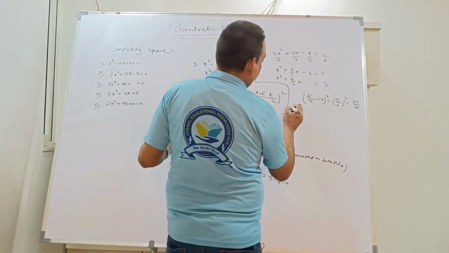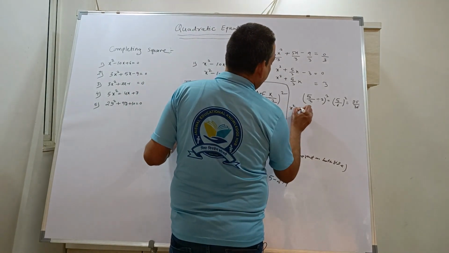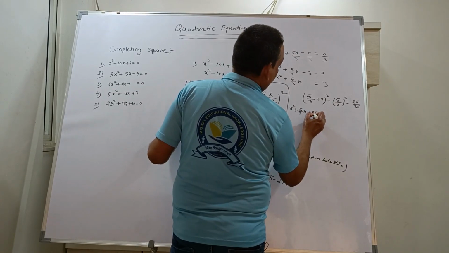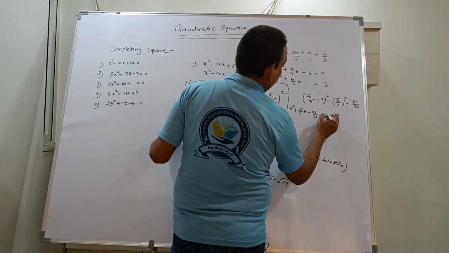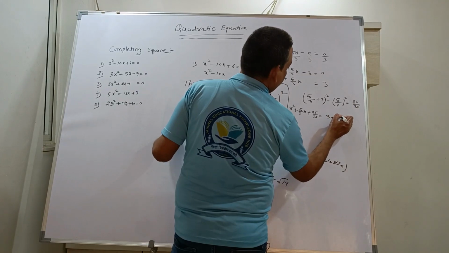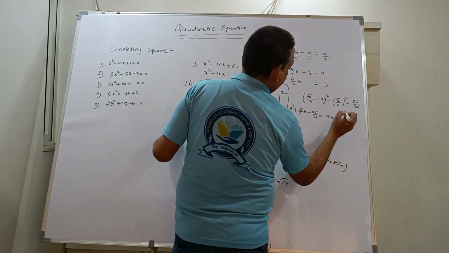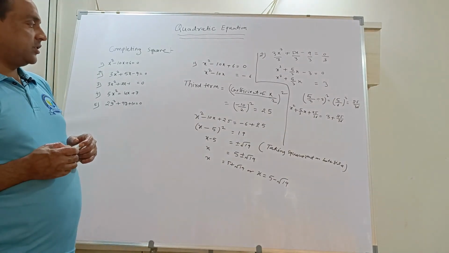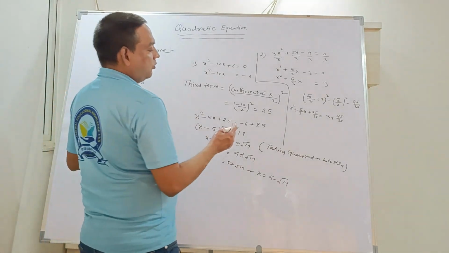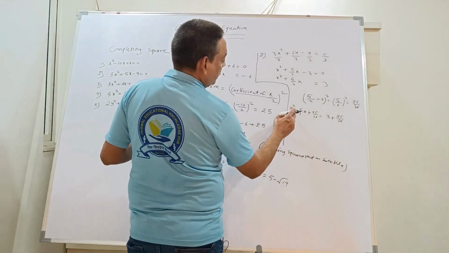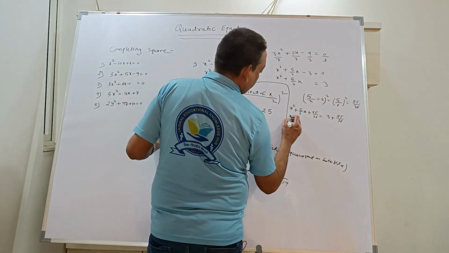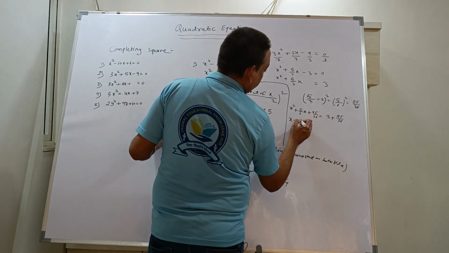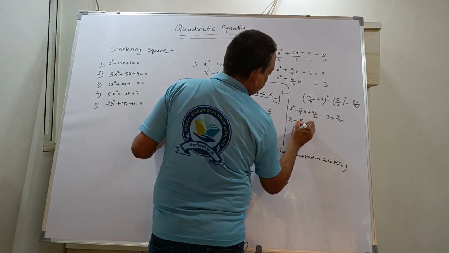So we have x square plus 5 upon 3x plus 25 upon 36 is equal to 3 plus 25 upon 36. Clear? We added 25 upon 36 on both sides. Now what is the rule? To make it a perfect square, we take the square root of the first part, the sign of the middle part, and the root of the third one, that is 5 upon 6.